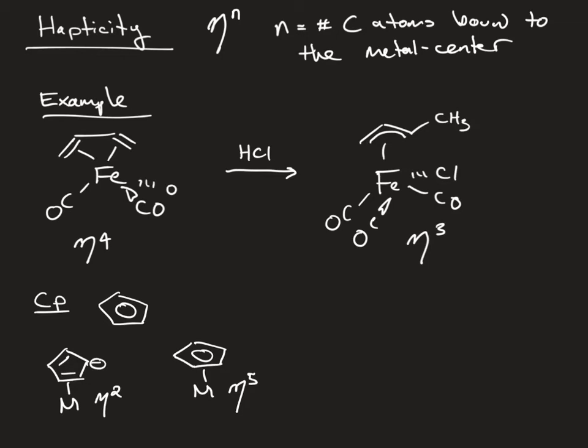It can also display eta 3 and eta 4 type binding, depending on how many carbon atoms it gets bound to. With benzene, this can display up to eta 6 binding, but other hapticities are possible.